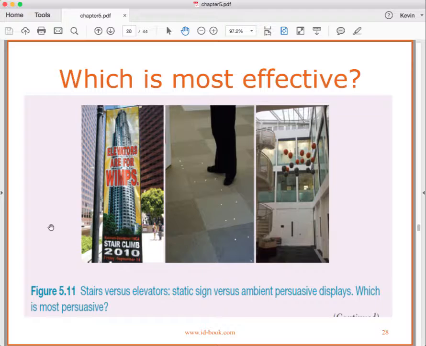The idea that these more enticing things, like the lights, or more non-interrupting feedback, things like the orbs or the balloons, these have a lot of promise.